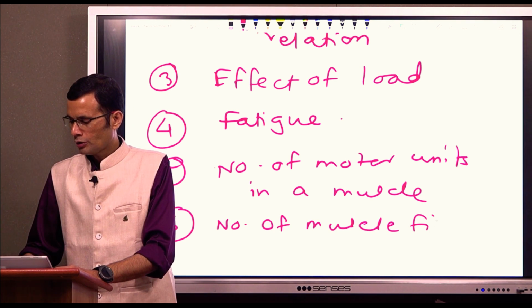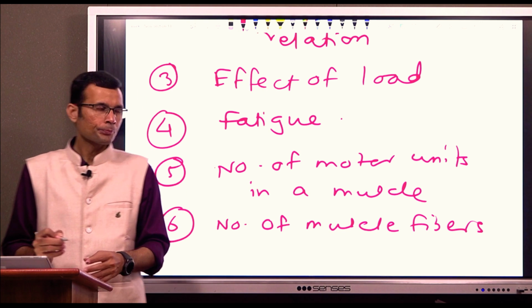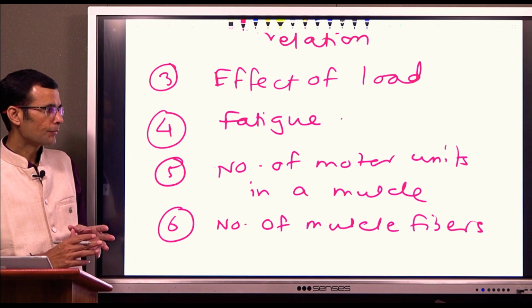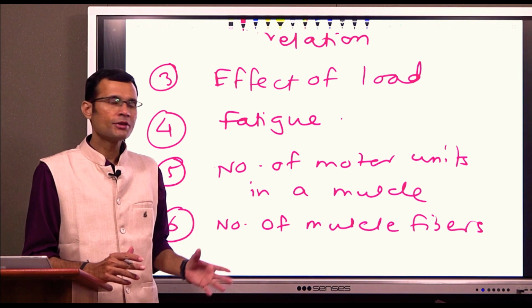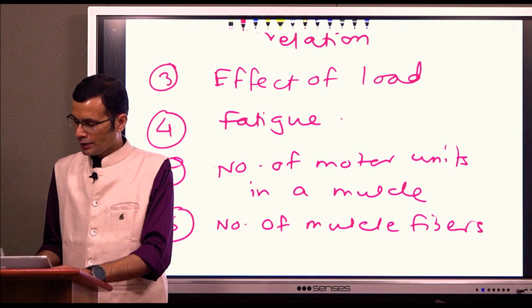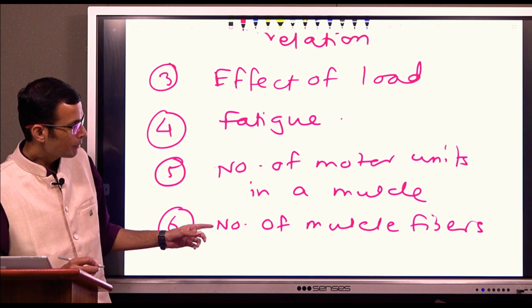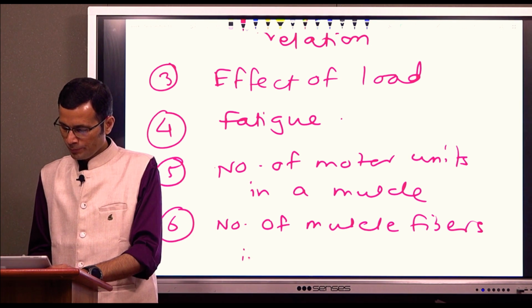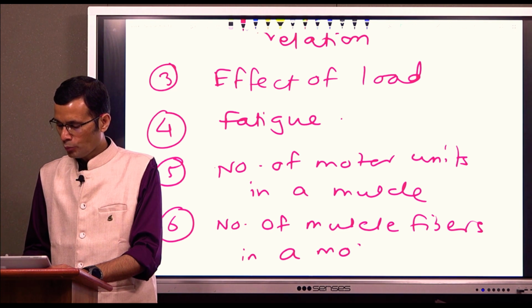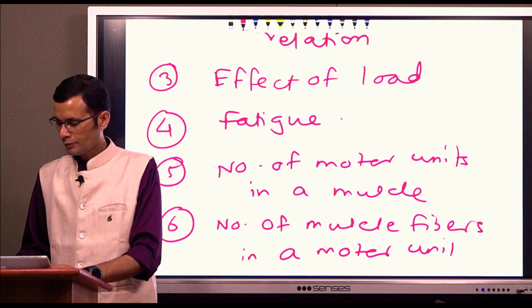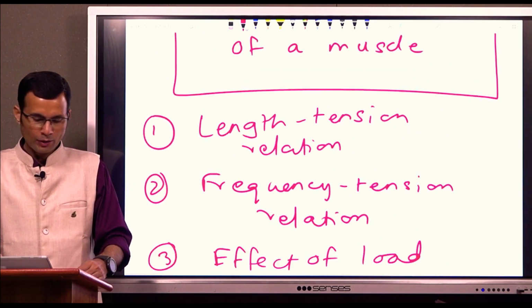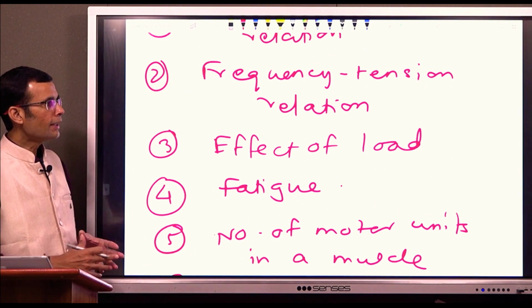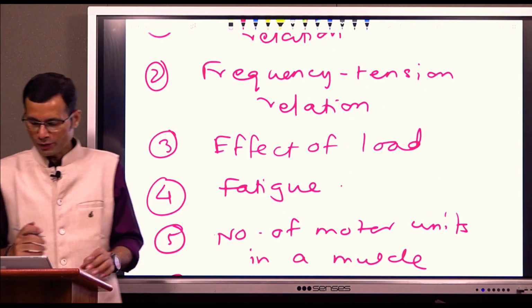So these are the factors that in a broad sense govern the strength of contraction of a muscle. Let's just finish this: number of muscle fibers in a single motor unit. So let's look at these factors one by one.